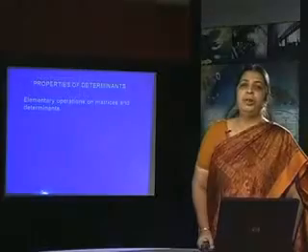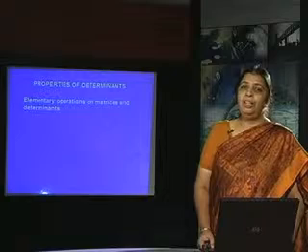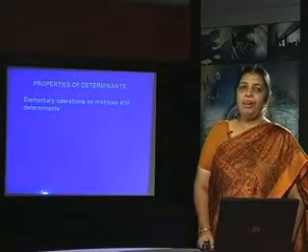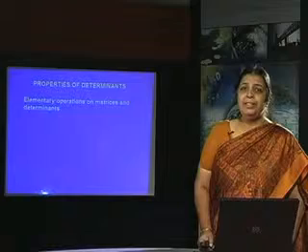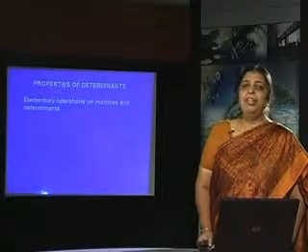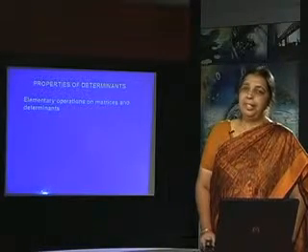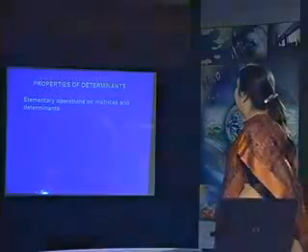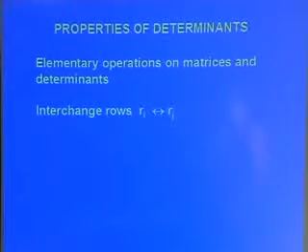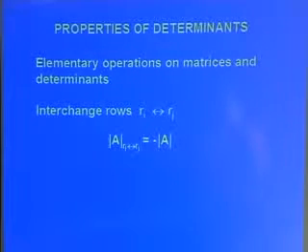Now in the next set of properties we will see the effect of elementary operations on matrices, and what their effect is on determinants. So we have first the elementary operation where we interchange the ith row with the jth row of the matrix. If we interchange the ith row and jth row, we denote it by determinant A with Ri and Rj interchanged, used as a suffix.